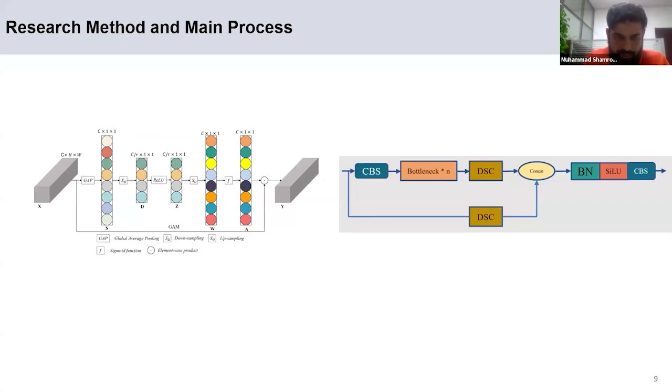In this figure, we will talk about the GAM mechanism, the global attention mechanism. We want to increase the capability of the main network in extracting features from the dense wheat grains. So we propose an efficient attention module within the AGOBB network.